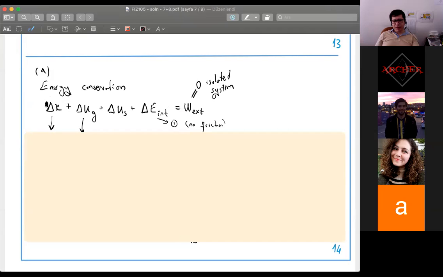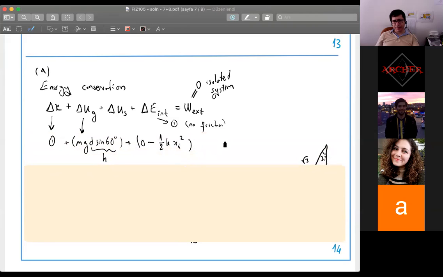Therefore, change in the kinetic energy plus change in the gravitational potential energy plus change in the elastic potential energy plus change in the internal energy, heat energy, must be zero. If one of these is decreasing, other ones must increase with the same amount of energy.